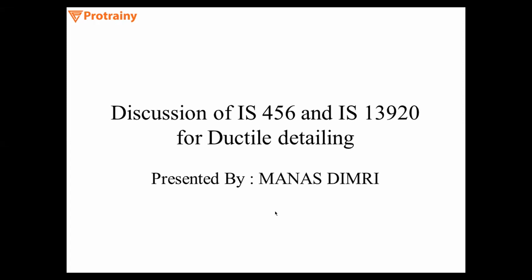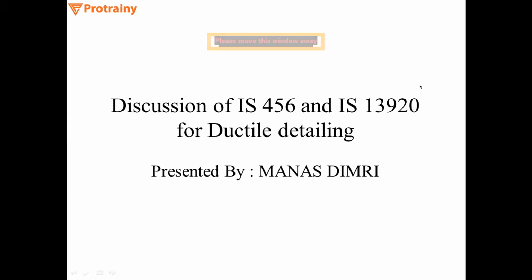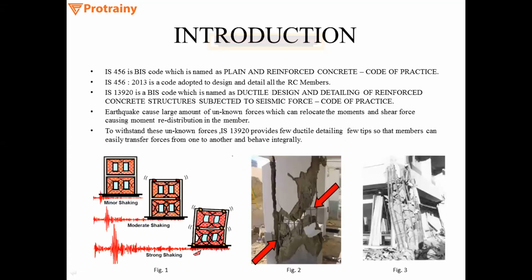For us, ductile detailing is quite an important topic when it comes to reinforced cement concrete, because concrete itself is a brittle material, and the ductile material is steel, so an adequate amount of steel and its lapping plays the most important role in RCC structures.